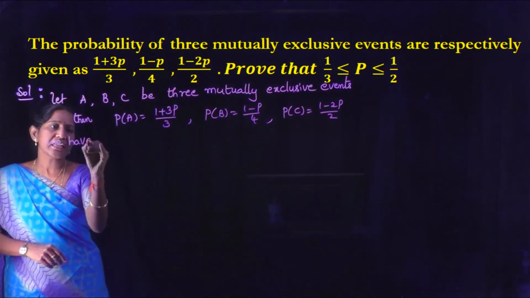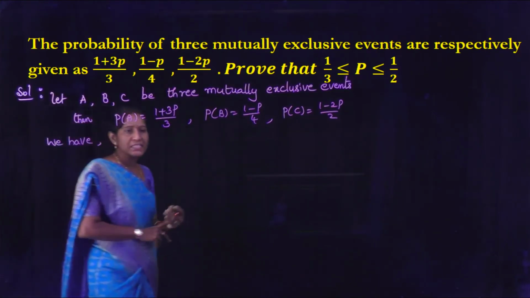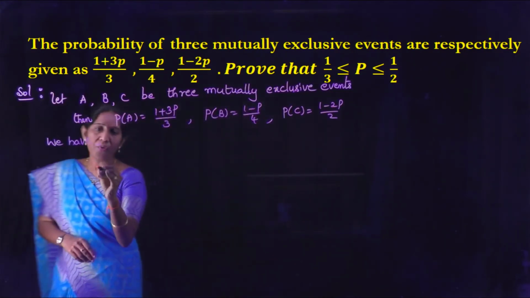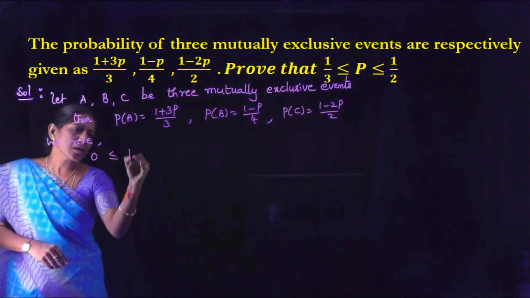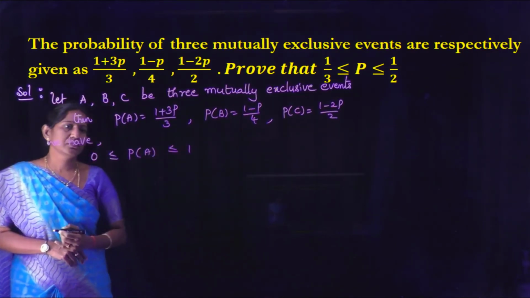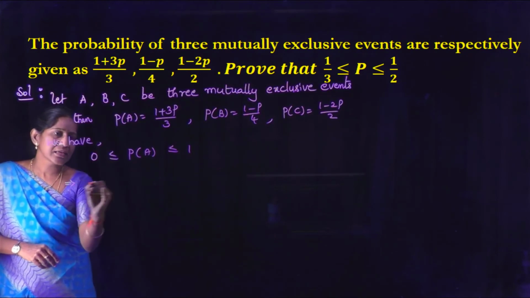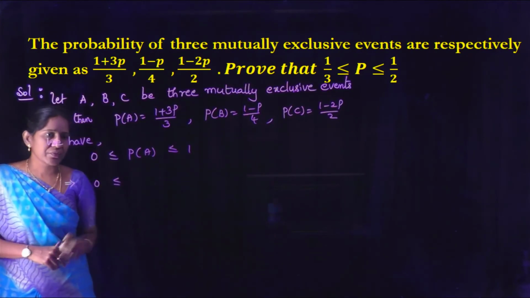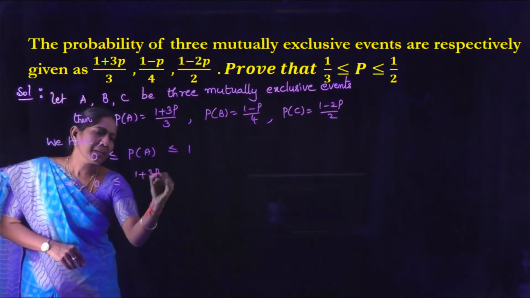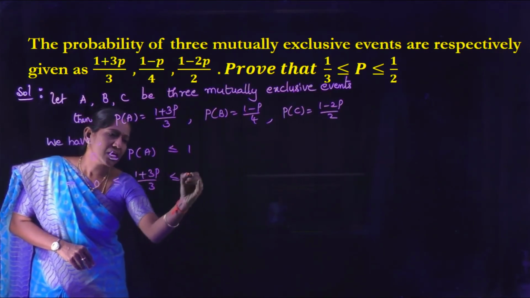For any event, probability lies between 0 and 1. That is, 0 less than or equal to P of A less than or equal to 1. That implies 0 less than or equal to (1 plus 3p) by 3 less than or equal to 1.